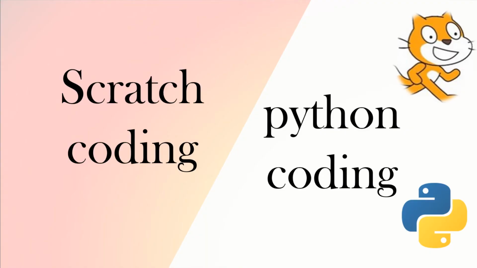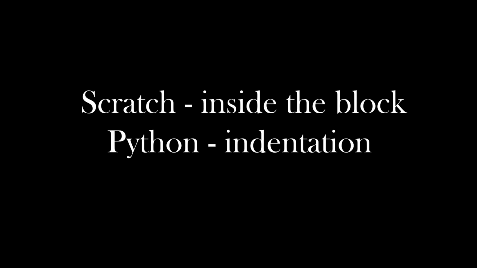When we look at Scratch coding and Python coding, there is something you need to know. In Scratch, we put blocks inside an if block. In Python, we use something called indentation, which is like a space.